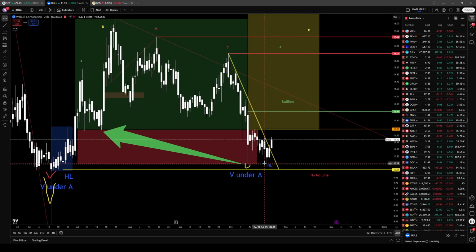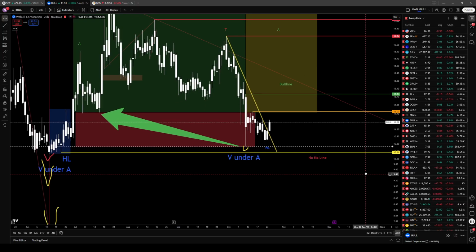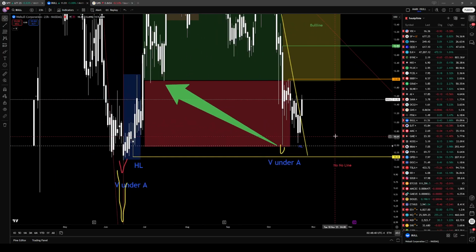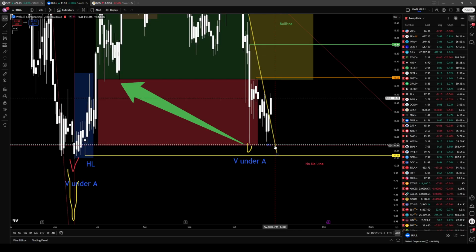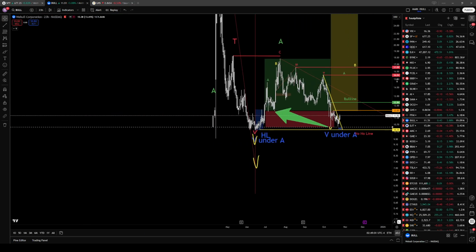If we go to 10.52 again, even if it's only a double bottom, this V and A and this high low is wrong. And then it gets critical because we are not allowed to break 10.26. So we still have a little bit of space here, but I really want to hold this high low. But if you do, it's absolutely great.